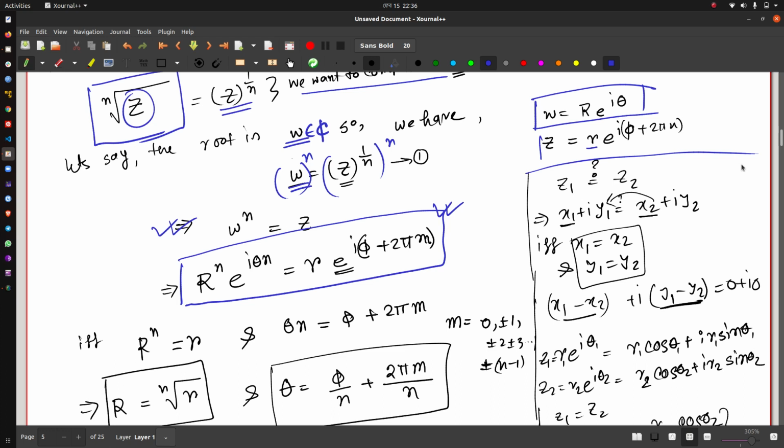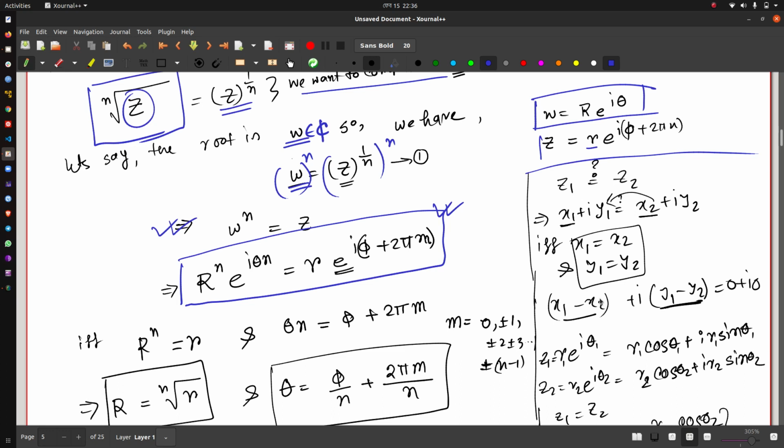How does this come? One way to see it is to just pull back this x2 and y2 to the left hand side, and you will see that you have another complex number in the form x1 minus x2 plus i times y1 minus y2 is equal to 0. And this is only possible if both of these components, that means x1 minus x2 and y1 minus y2, are 0 separately.